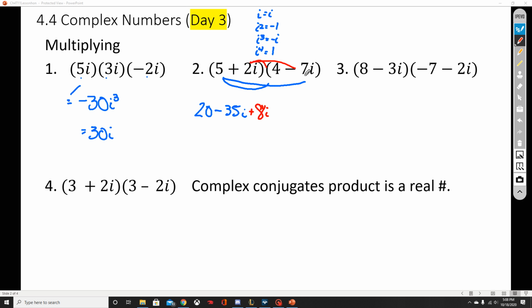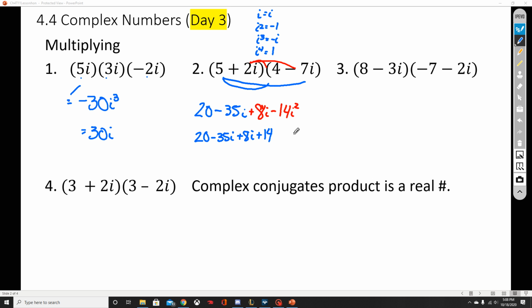And then 2i times negative 7i, so that's negative 14i squared. Alright, and i squared is just negative 1. So let's rewrite that. So we got 20 minus 35i plus 8i plus 14, because i squared is just negative 1.